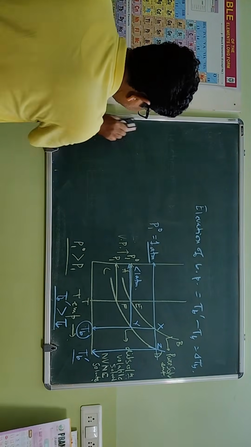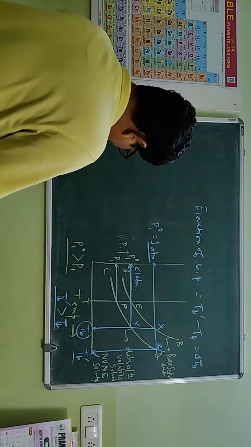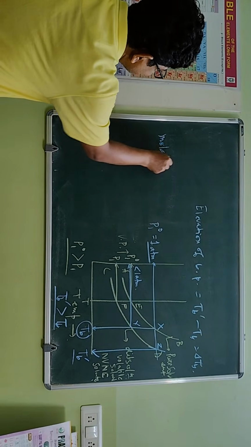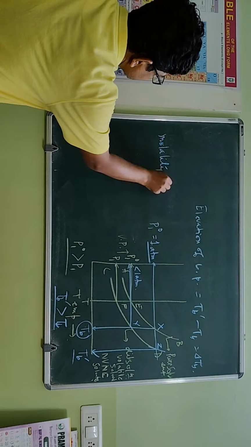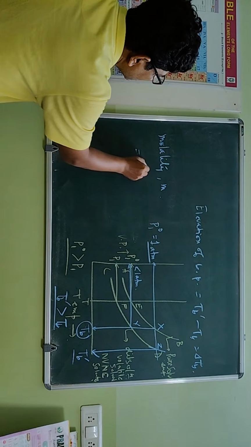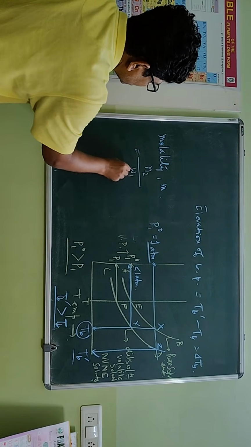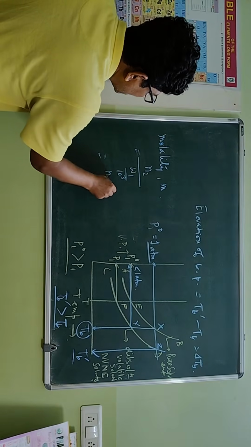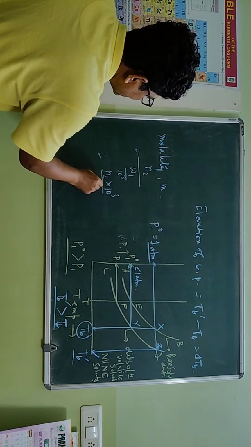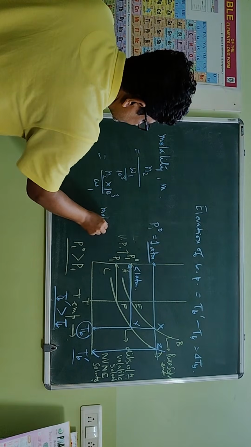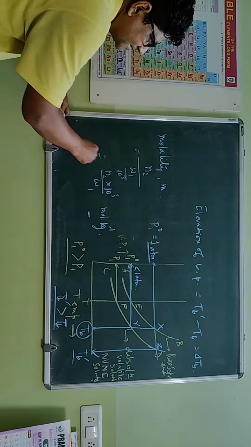Molar concentration, we know, is molality, represented by small m, which is equal to the number of moles of solute present per kg of solvent. So this is N2 into 1000 by W1. Its unit is mole per kg, that is molality.